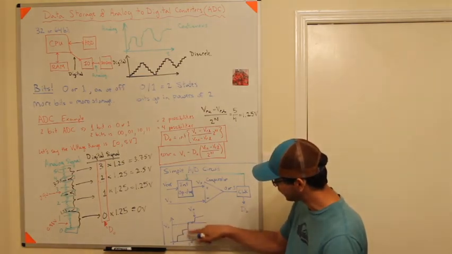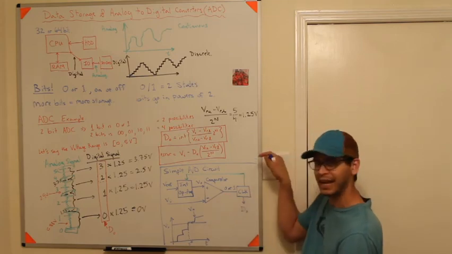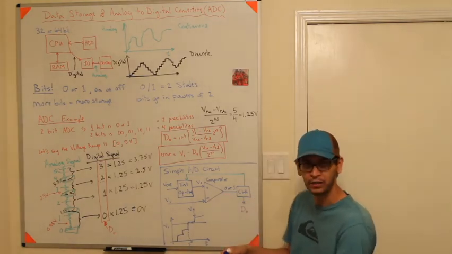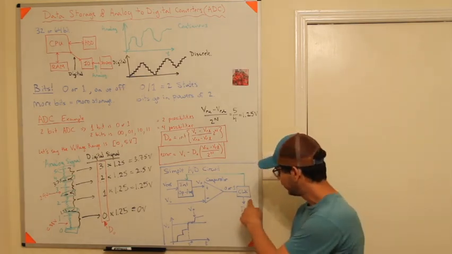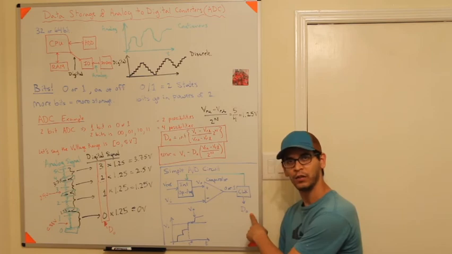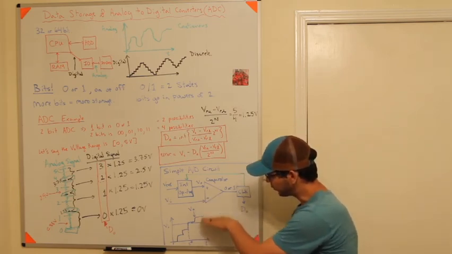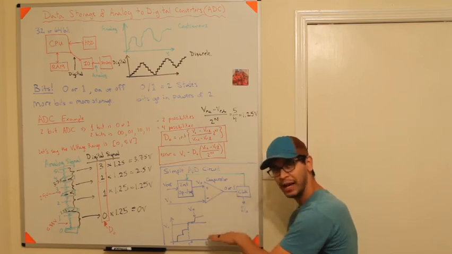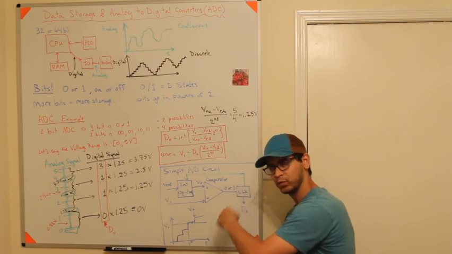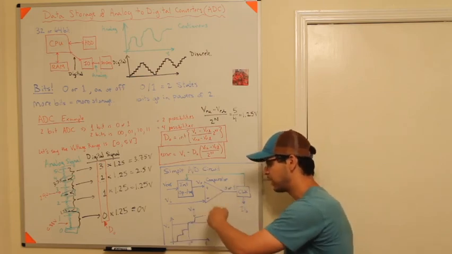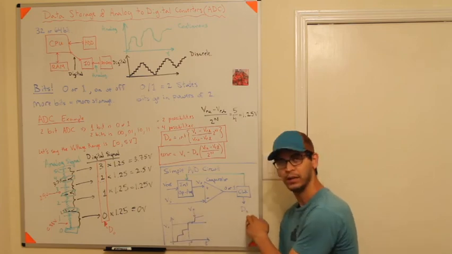Once your output voltage is bigger than your input voltage, the comparator is going to tell the clock, hey, stop counting, right? Every time you do a CPU cycle, you store the clock. You tell the user, hey, that's your digital output, right? So this input voltage can change up and down, and the number of clock cycles required to become greater than that input voltage essentially becomes your digital output.